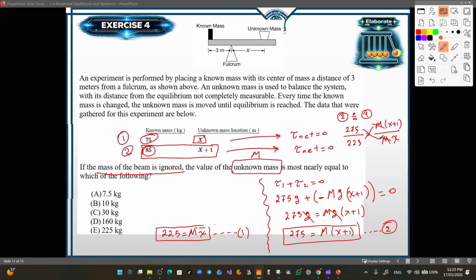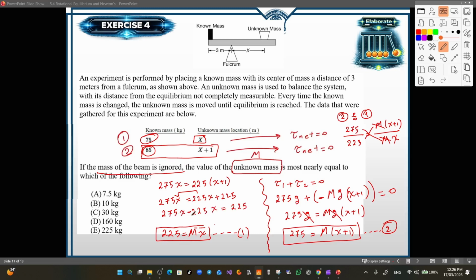Now we cross multiply. So 275x equals 225 multiplied by (x plus 1). We distribute. So 225x plus 225 equals 275x. Now we move 225x to the other side with the x, so we can collect the similar terms on one side.